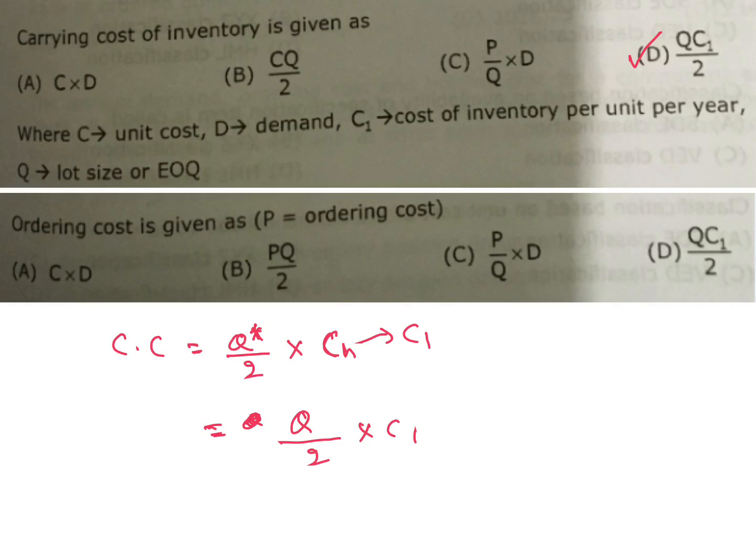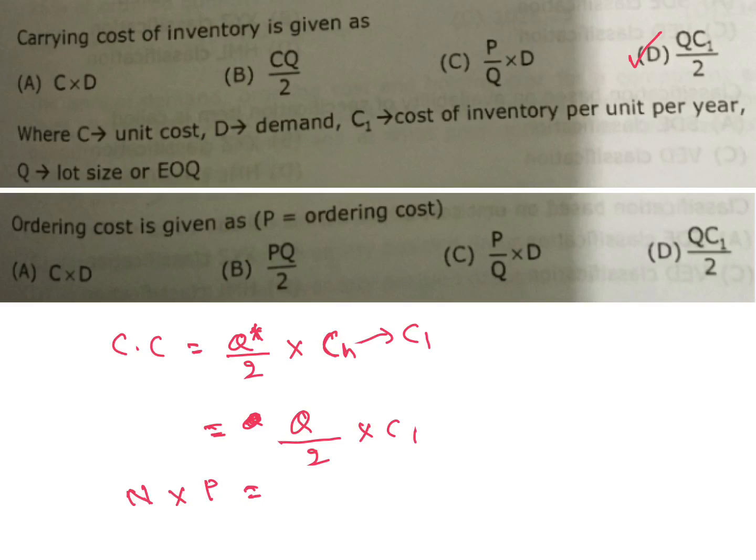Then the next question, ordering cost. Ordering cost is number of orders into ordering cost, where P is the ordering cost.